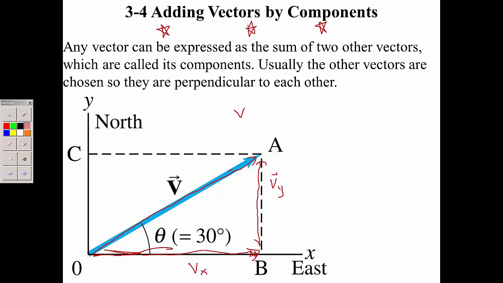So now I could write the vector v as the sum of vector vx and vector vy. And again, the length of v is going to be the square root of vx squared plus vy squared, Pythagorean theorem.